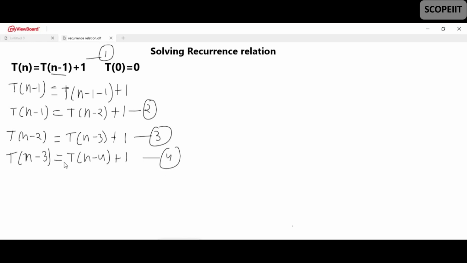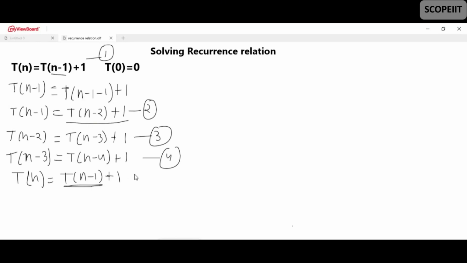Now what we'll do is substitute equation 2 in equation 1. In equation 1, we have T of n is equal to T of n minus 1 plus 1. This T of n minus 1, I'll replace with this complete equation.